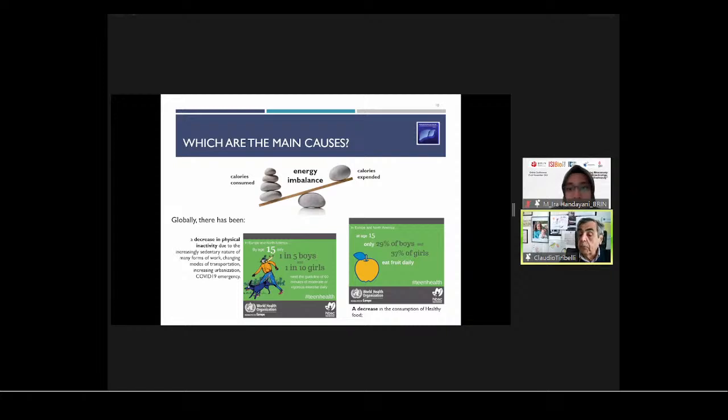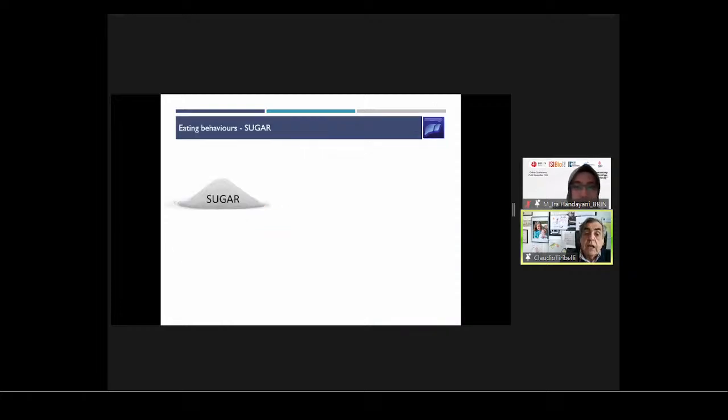Only 30% of boys and roughly 40% of girls eat a fruit a day, in spite of the fact that fruit is readily available all over the world. And the major suspect is sugar. White sugar is associated not only with obesity, but also with liver disease.